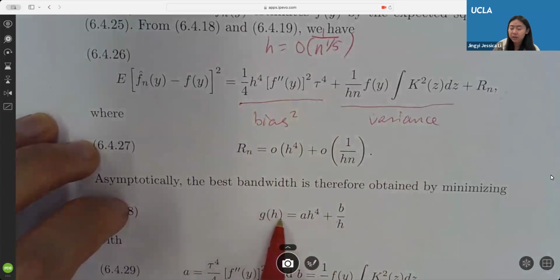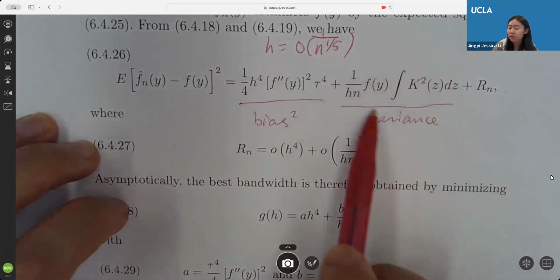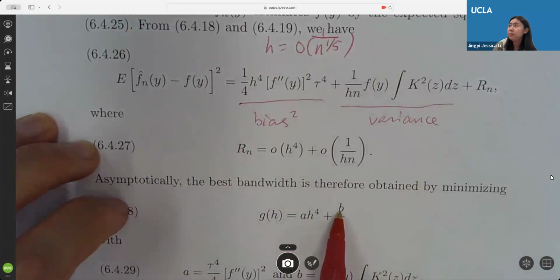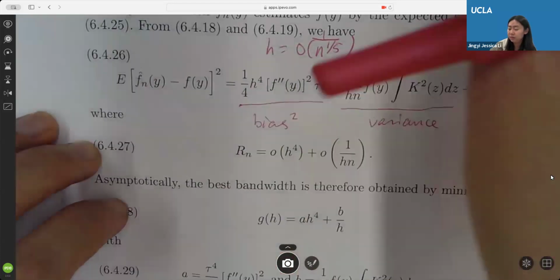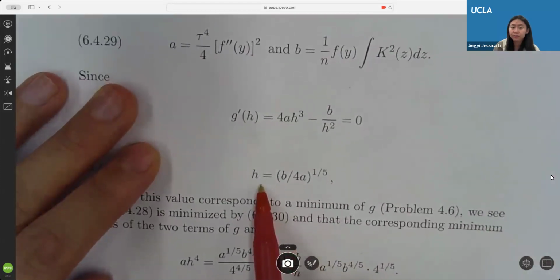So I just keep the key term h to the fourth, and the other things I call A. The second term is 1 over h, and the other multiplier is called B. I'm trying to minimize this, and it's just a calculus problem, right? I take the derivative with respect to h and set that to 0. This will turn out to give me this h.